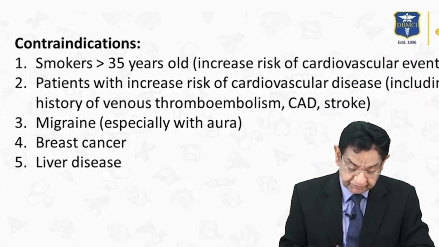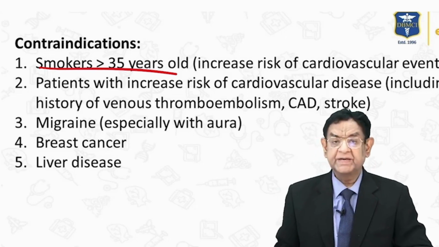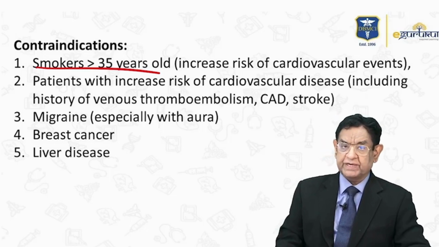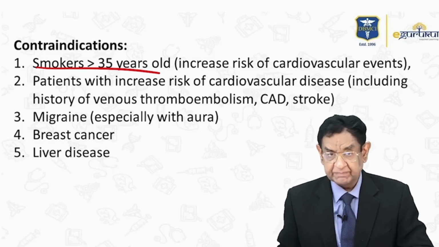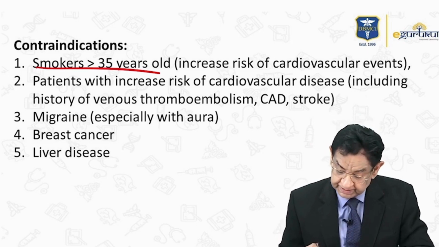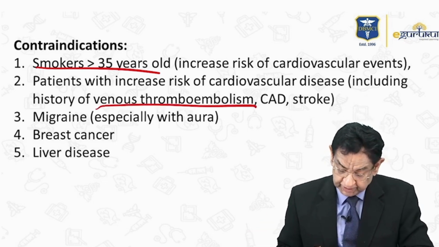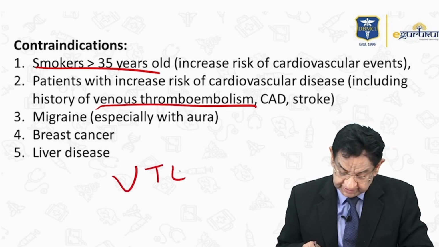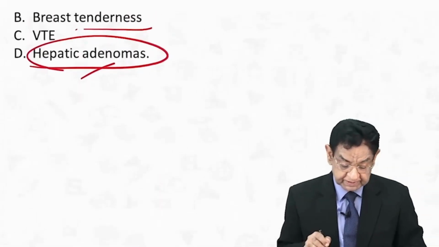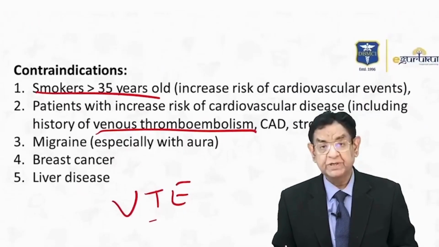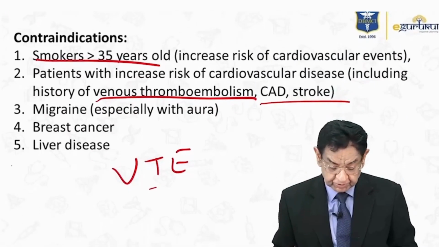Contraindication: we don't use it in a smoker female above 35 years, because this is going to add to the cardiovascular event. Although cardiovascular events are less common in females, in smokers they are much higher as compared to non-smokers. Those at increased risk are venous thromboembolic phenomena, VTE, that can lead to pulmonary embolism, CAD, stroke.